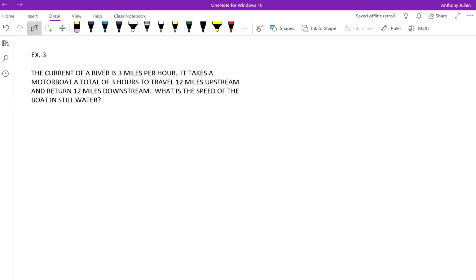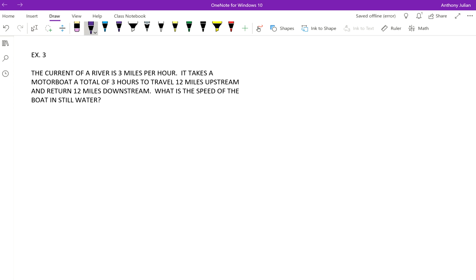Okay, so now I got some explaining to do. When we're talking about the current, or in motion problems, where we are going downstream, which means we're going faster than when we're going upstream, and upstream means we're going slower. You got that resistance with the waves going against us. All right, so I'm still using the distance formula.